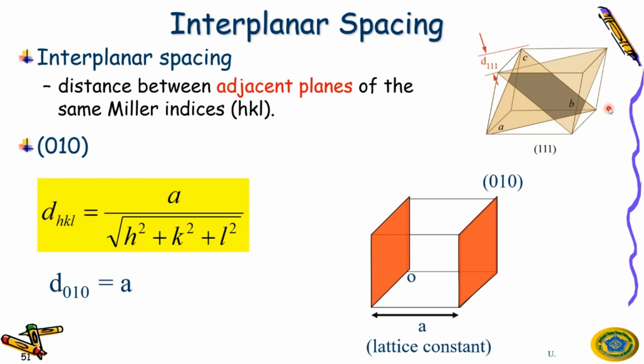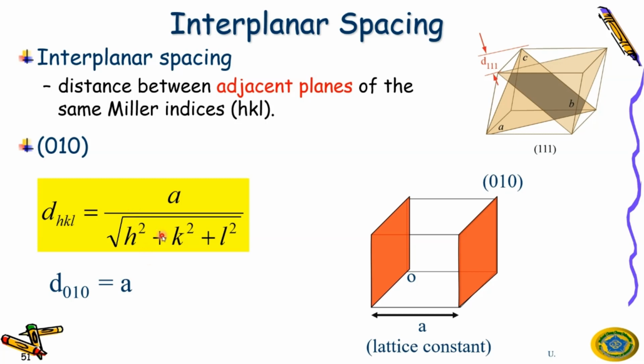This one is also 111, because they are members of the family, the same thing. You want to talk about the distance between this plane and this plane. This is what we call d_111, interplanar spacing. If you put these numbers in this equation, it will be easy for you to know.